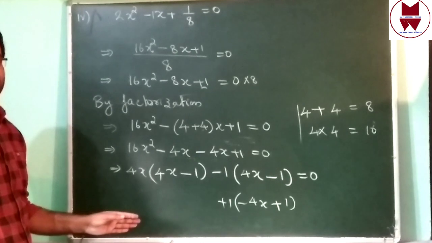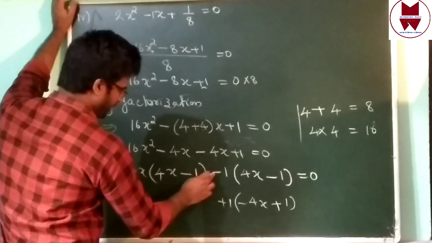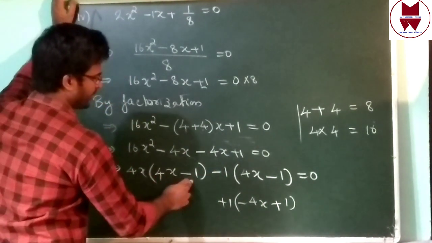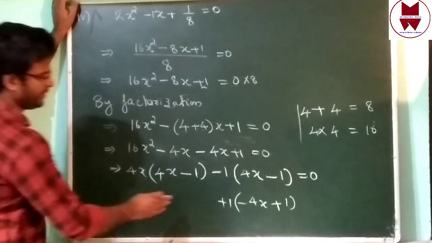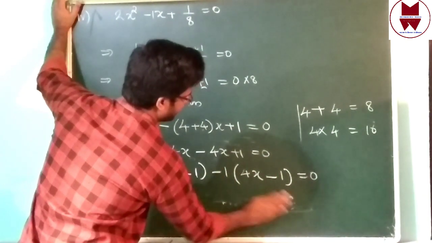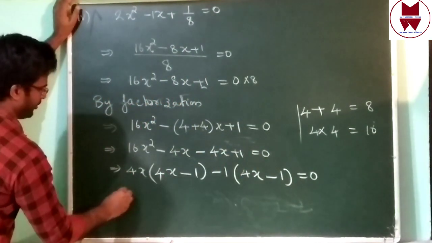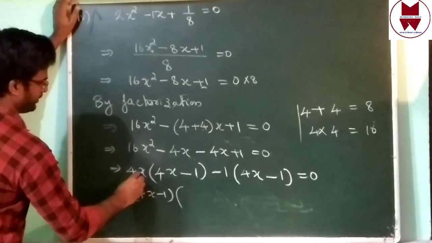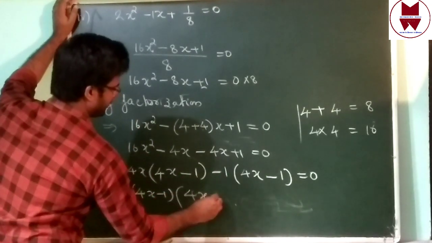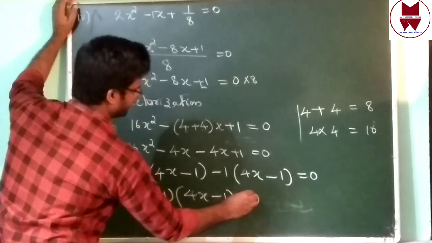Not common terms, isn't it? That means if you take minus 1 outside means 4x minus 1, in here also 4x minus 1, common terms, isn't it? That's why only take minus 1 outside. Then all total common 4x minus 1. Take outside, then in here remaining 4x, here remaining minus 1 equal to 0.